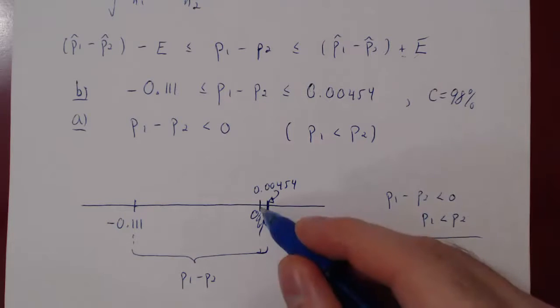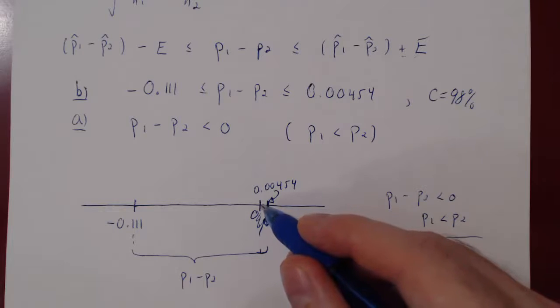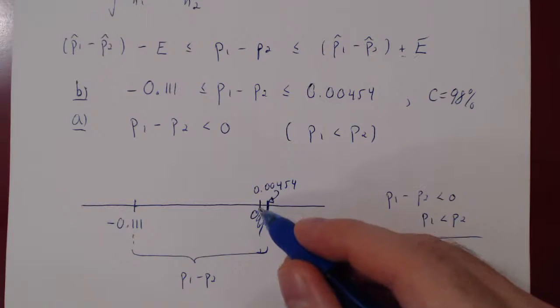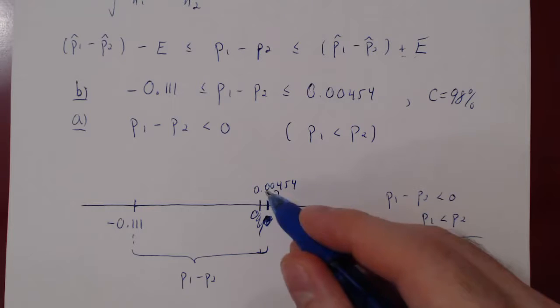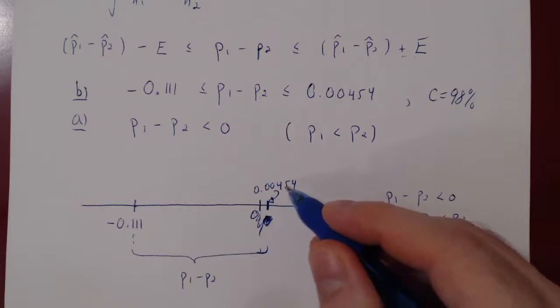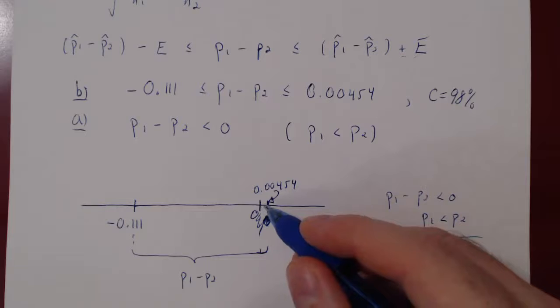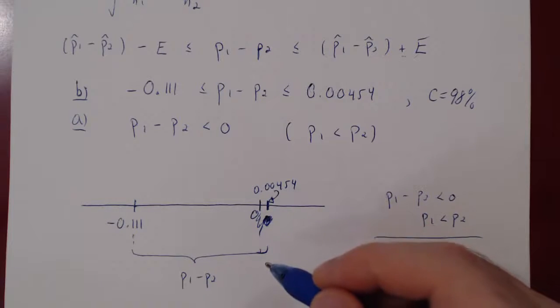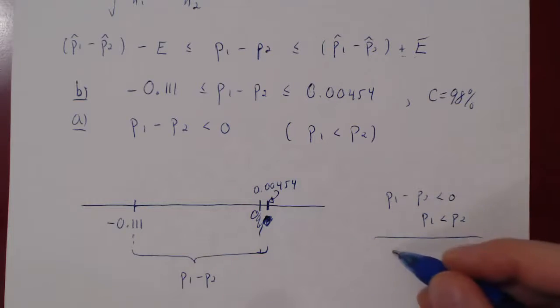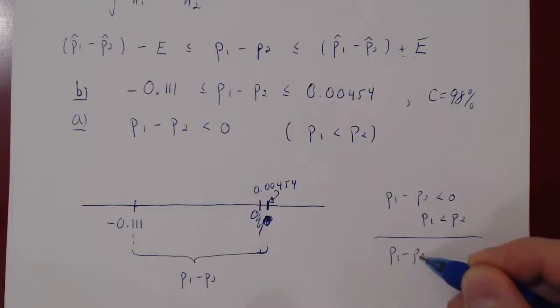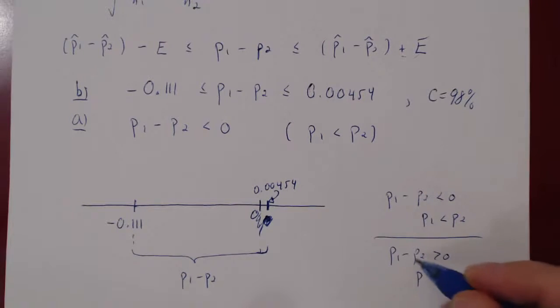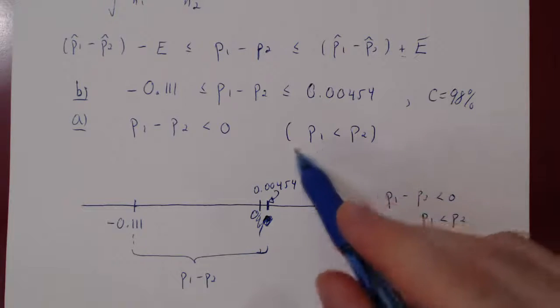But if we look at just this tiny portion of our confidence interval, then this interval contains positive values from 0 to 0.00454. It's a really small interval, but does contain positive values. And so then P1 minus P2 would be positive. If we add P2 on both sides, P1 is then larger than P2, which seems to go against our conclusion from part A.